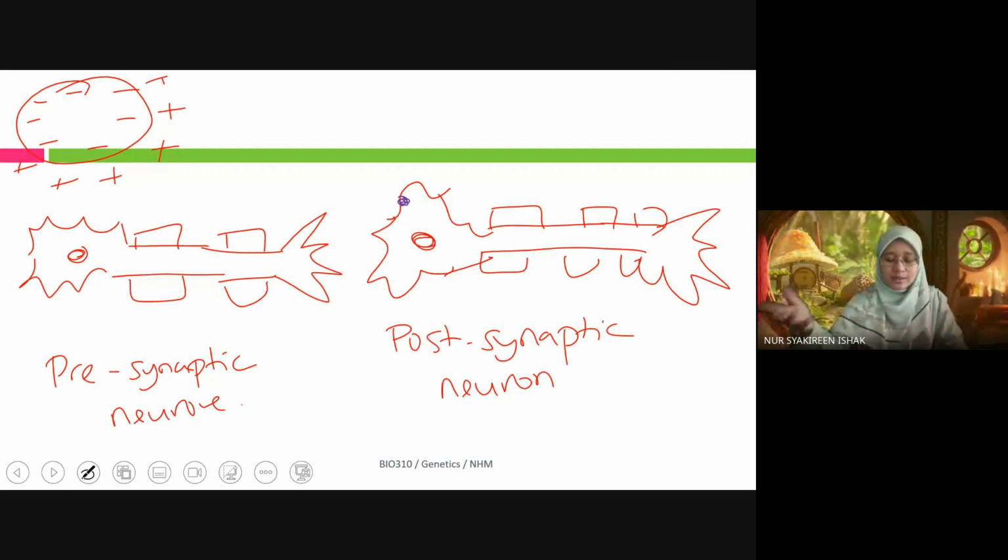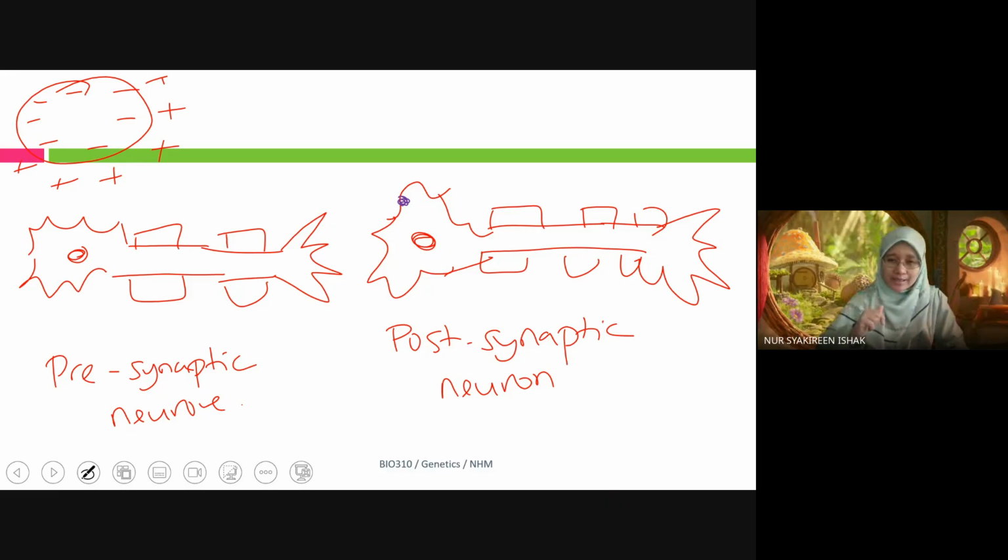Luar positif. So, untuk neuron, kenapa neuron ni boleh menghasilkan action potential? Sebab neuron ni semasa dia nak transmit and generate the electrical impulse tu, charge dalam sel, dalam neuron ni kena bertukar dari negatif ke positif.